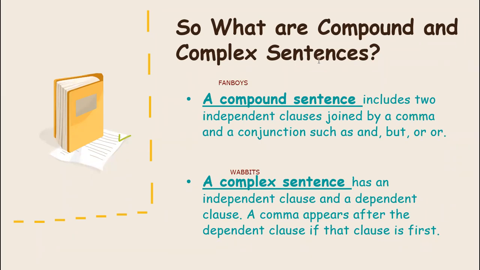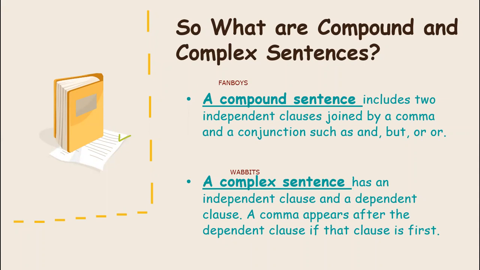Great. Ahmed Usama, start reading, please. What are compound and complex sentences? A compound sentence includes two independent clauses joined by a comma and a conjunction such as and, but, or. A complex sentence has an independent clause and a dependent clause.